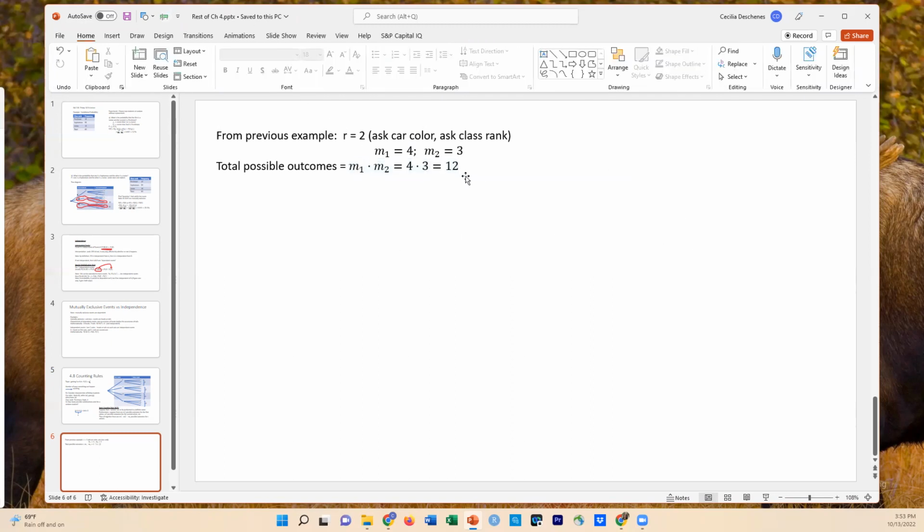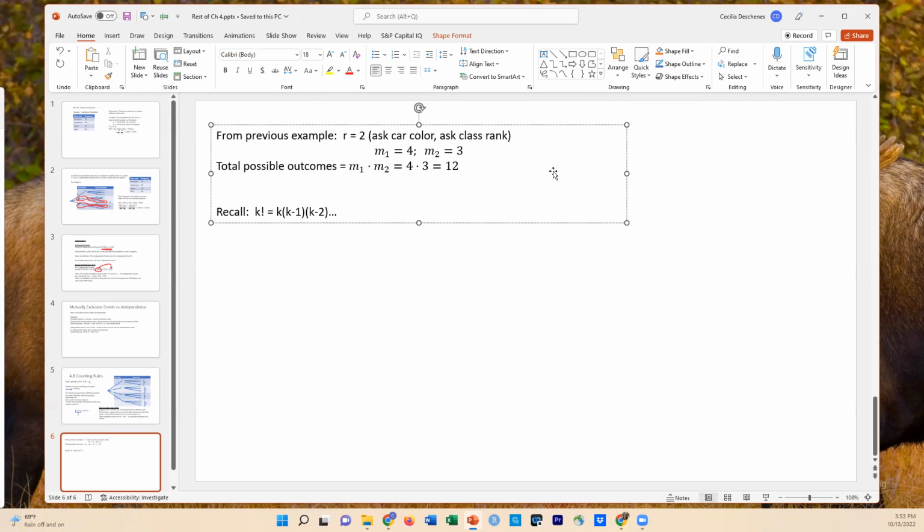The next thing I want to talk about, you need to recall the stuff we did at the beginning of the semester when we talked about factorials. Recall that k factorial is equal to k times k minus 1 times k minus 2, and you keep taking 1 off until you get to 2 times 1.